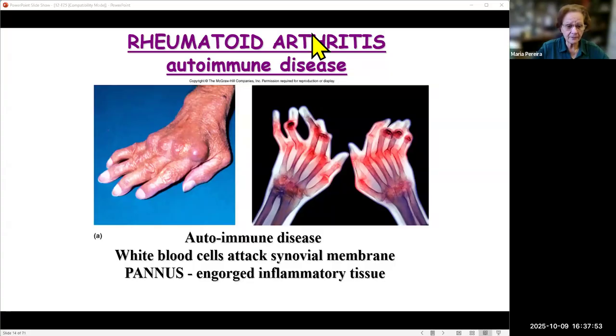Here, the macrophages attack the synovial membrane and create an inflammatory swelling known as pannus. If you see someone with this type of deformation of the fingers and with swelling, that means this person is suffering from rheumatoid arthritis. So it's an autoimmune disease.